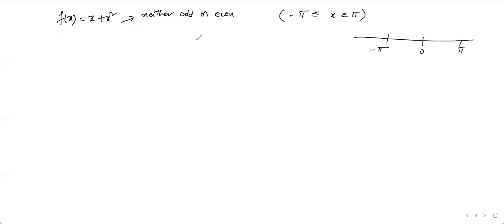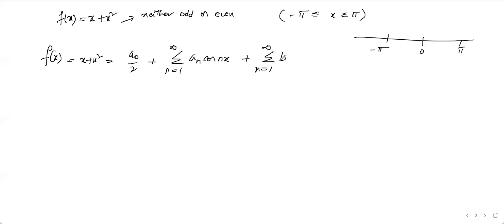Now f of x will be a naught by 2 plus summation n is equal to 1 to infinity an cos nx plus summation n is equal to 1 to infinity bn sin nx, right? Now let us find the Fourier coefficients, which are a naught, an, and bn.